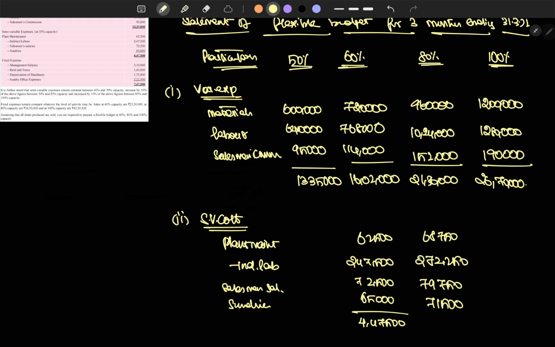1.15 into 62,500, which is 71,875, and then 2,47,500, which is 2,84,625, and then 72,500, which is 83,375, and then 65,000, which is 74,750.